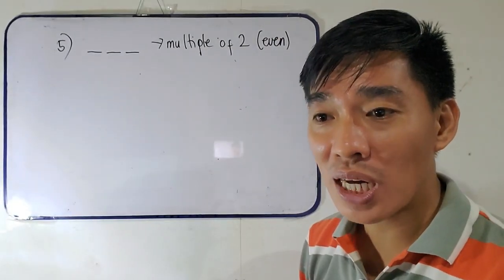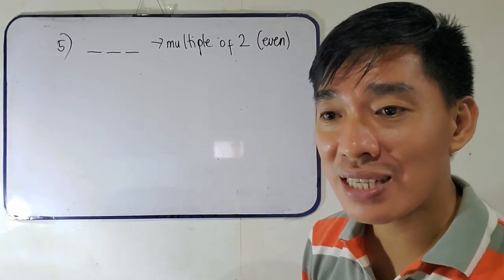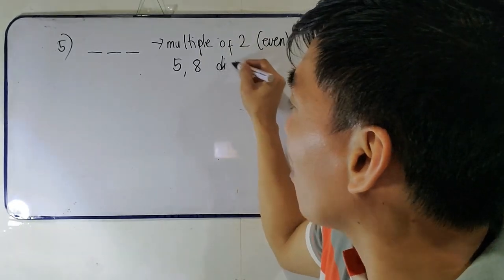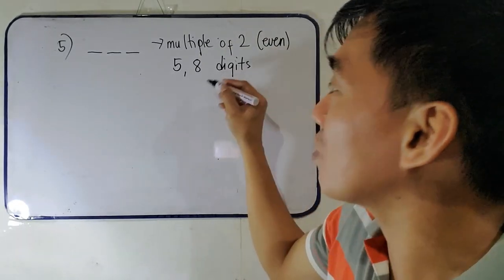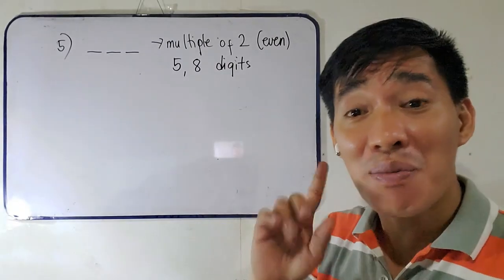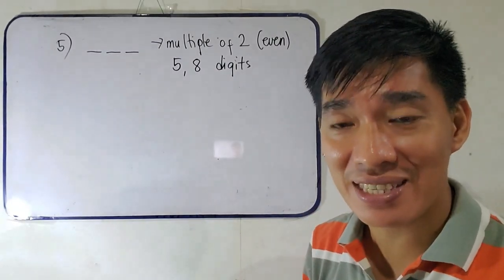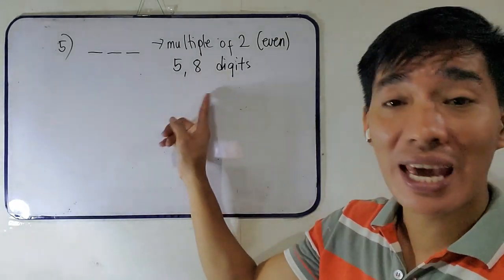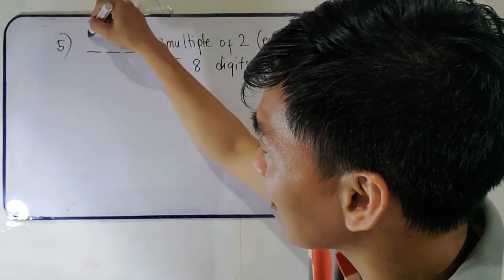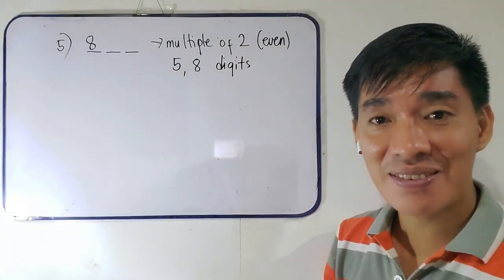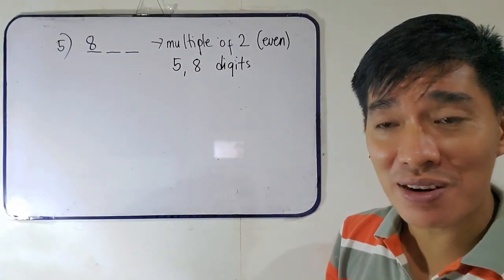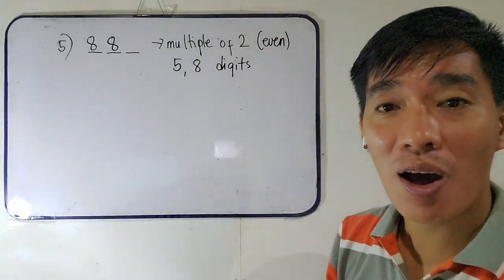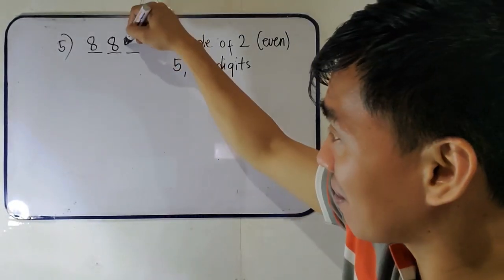And another one, it uses digits 5 and 8. So these are the only digits that we could use, 5 and 8. Remember that it should be biggest. So because it should be biggest and we will be using 5 and 8, we will use 8 here. To make it bigger, we could still use 8 here, and of course, 5 here.